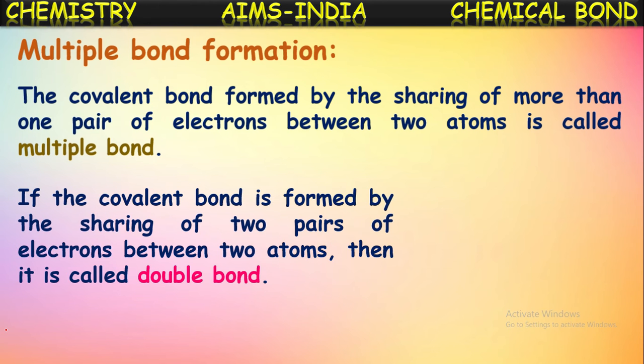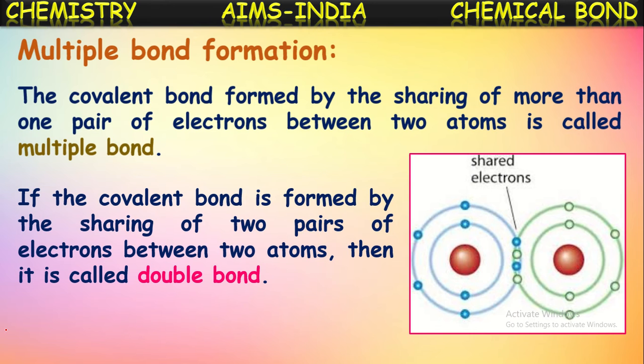So if the covalent bond is formed by sharing of two pairs of electrons between two atoms, then it is called a double bond. See here, they have shown this atom contributing two electrons, which you can identify with the color, and this atom is contributing two electrons for sharing.